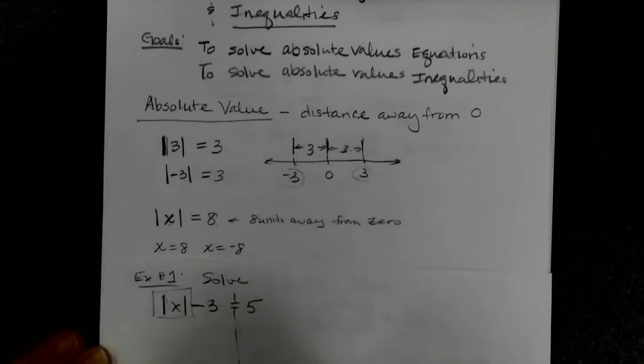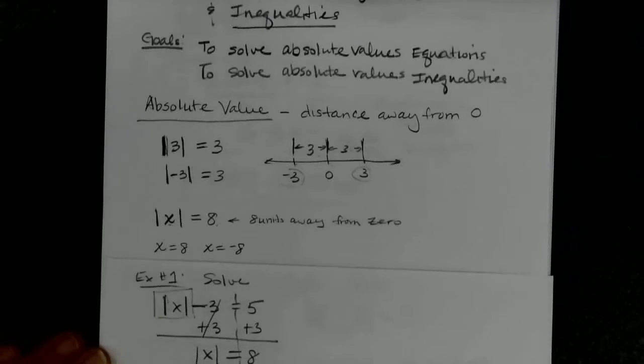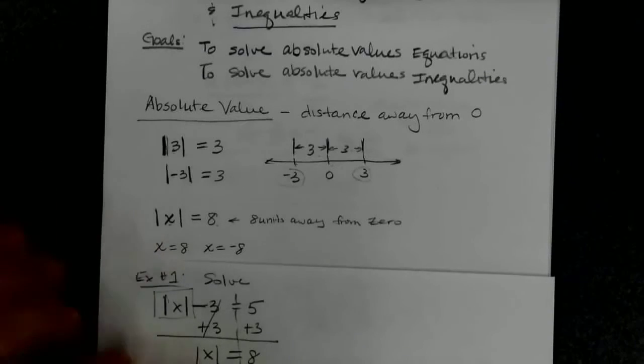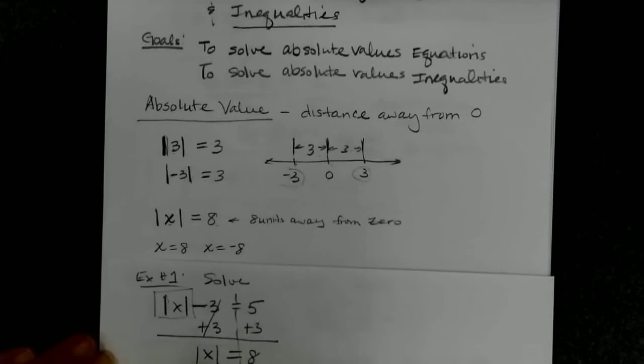Like any solving equations, we're going to do the opposite to get this alone. So this is minus 3, so we're going to add 3 to both sides. So the absolute value of x is equal to 8, and now it's asking what numbers are 8 units away from 0, and those two numbers are, like above, x equals 8 and x equals negative 8. So those are my two answers.